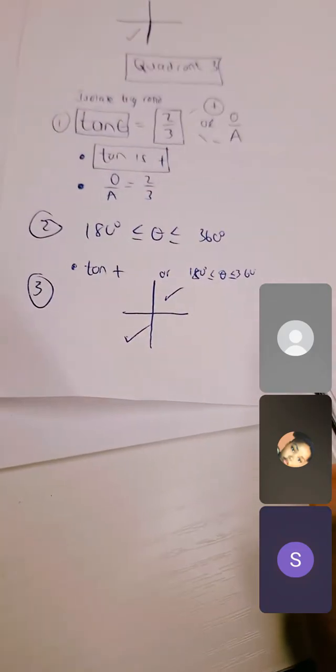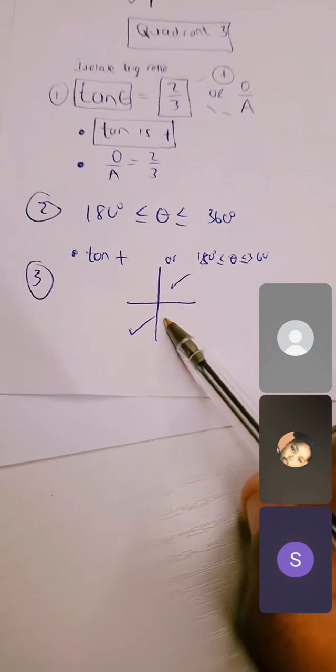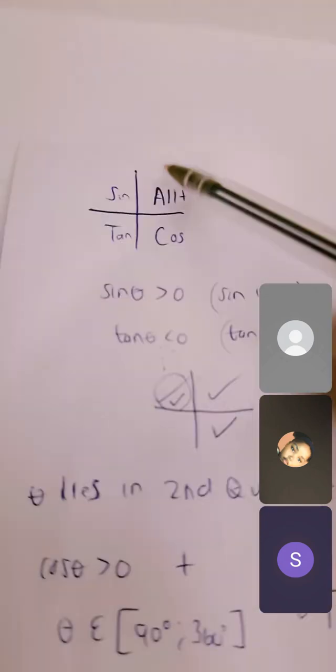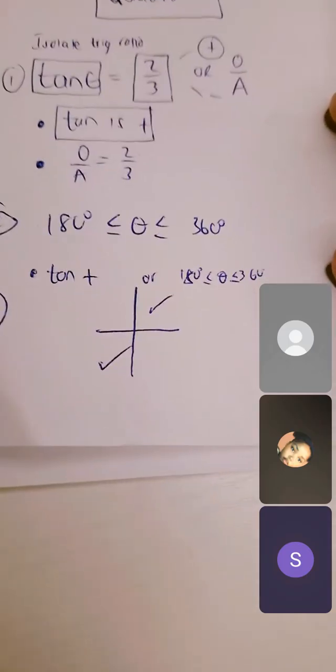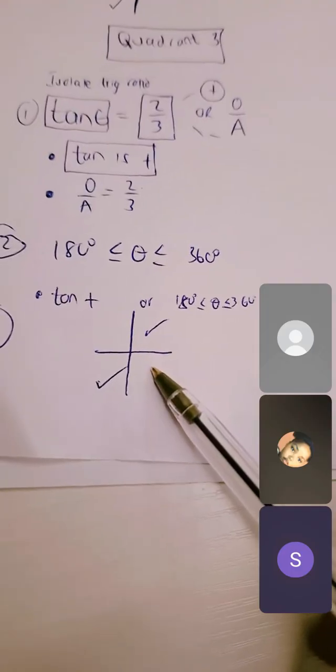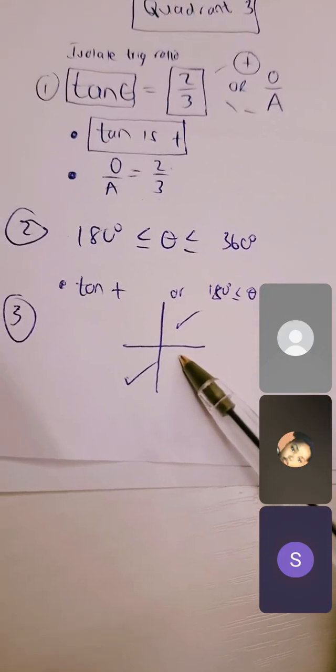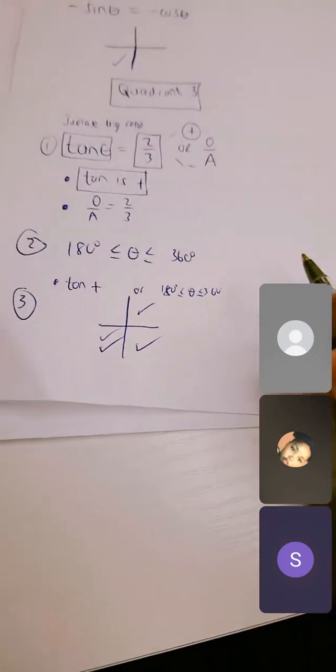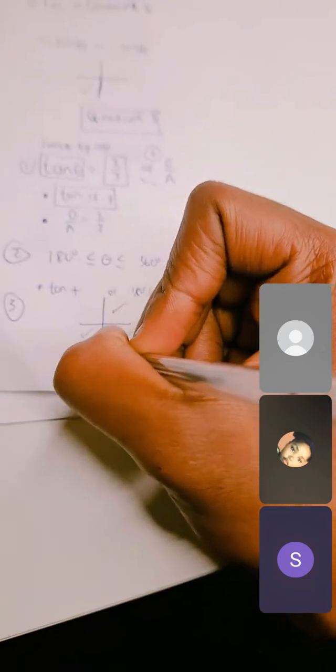On the first and the third quadrant, according to Sokatoa, All Students Take Care. Then 180 to 360, which quadrant? Third and fourth. Where is the overlap? On the third quadrant.